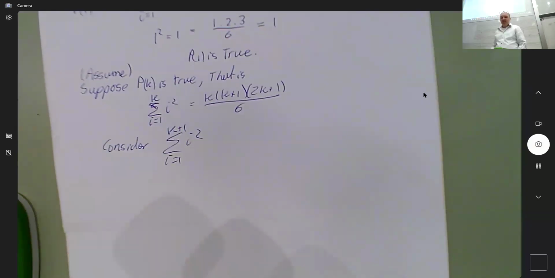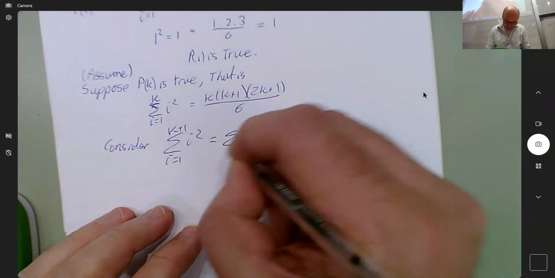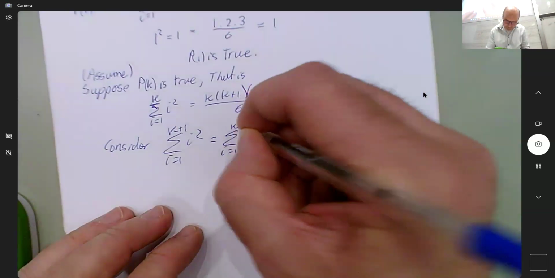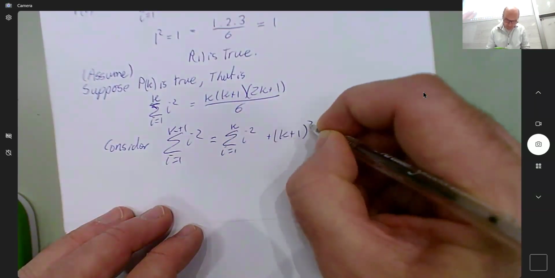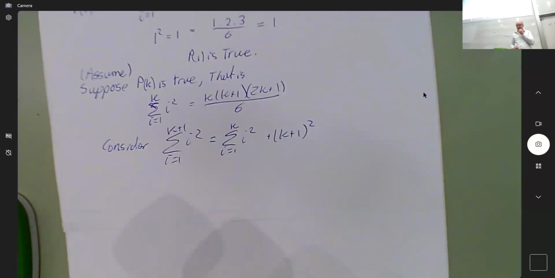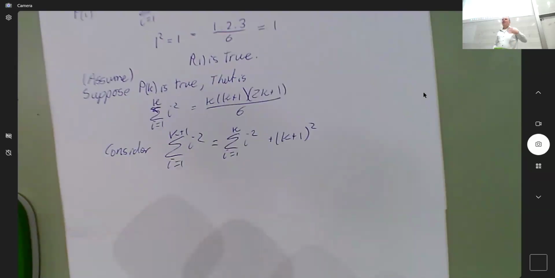That is very clearly, from our understanding of what we have, sum i equal to 1 to k of i squared, plus k plus 1 squared. Kind of a standard thing where I've gone, what's the next thing? I'm not assuming the next thing. I'm not writing out the next thing. I'm taking one part of it, and then I'm going to use the assumption. I've set it up so I can use the thing that I've just assumed.